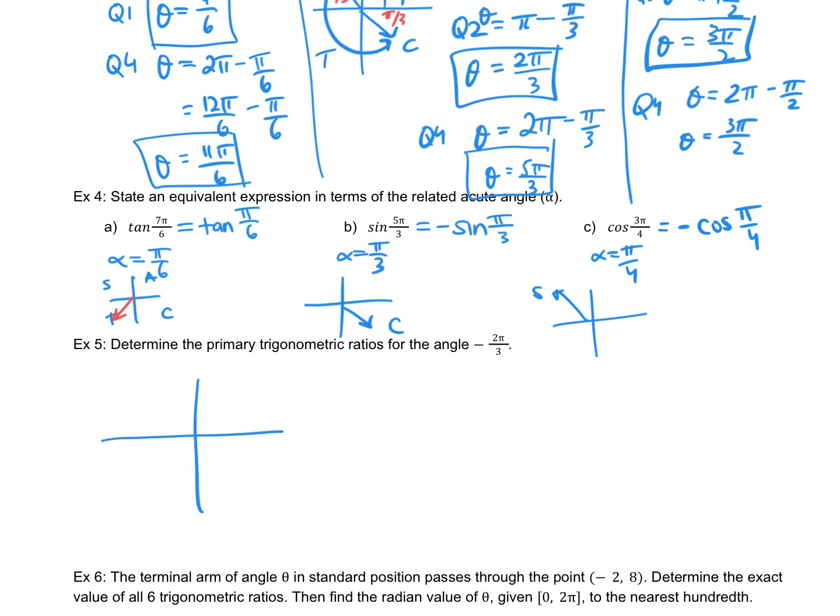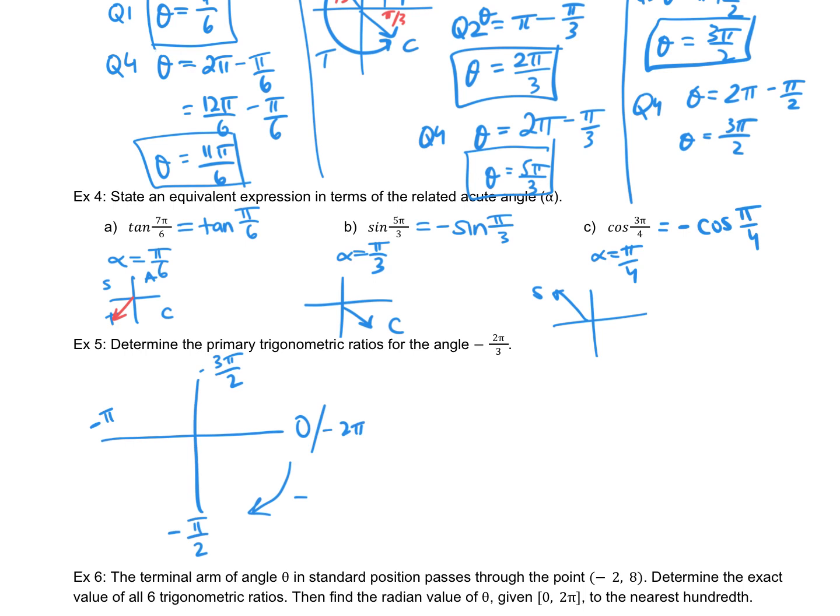So I'm going to rewrite my grid here going in the negative direction. This is 0. This is negative pi over 2. This is negative pi, negative 3 pi over 2, and negative 2 pi if I'm going in that negative direction.